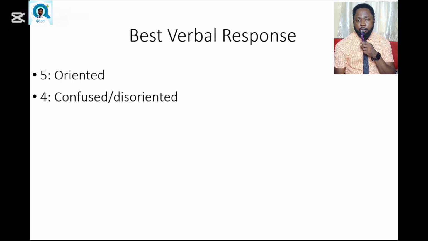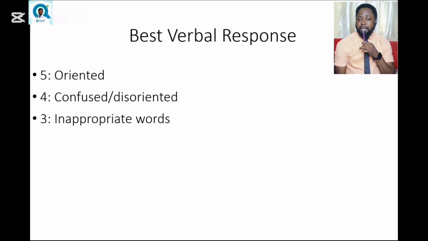It may also be referred to as disoriented. This applies to a patient who is not oriented to at least one of the 3, that is time, place, and person. The patient can converse normally. However, some or all of the responses to the above questions about time, place, and person are incorrect.